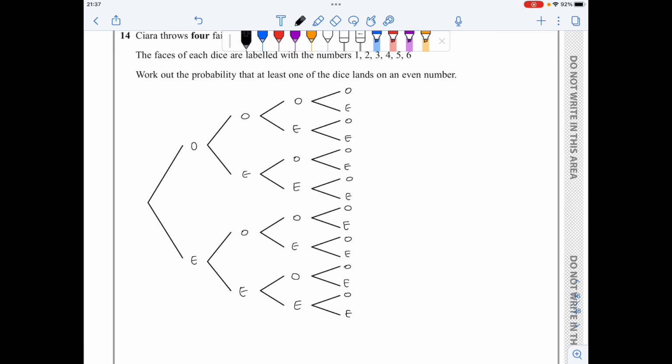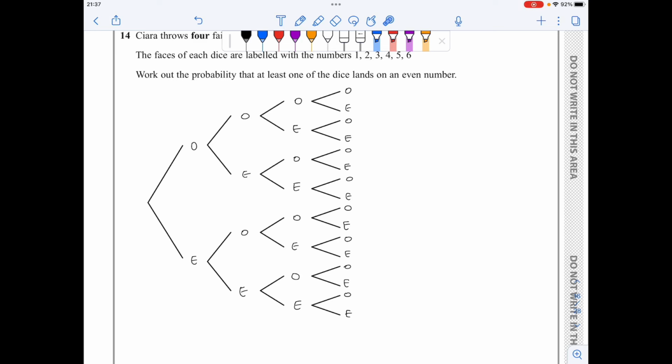Now, to get the probability, you'll need to add all the combinations that have at least one even number, and out of the 16 combinations at the end, 15 of them have at least one even number.